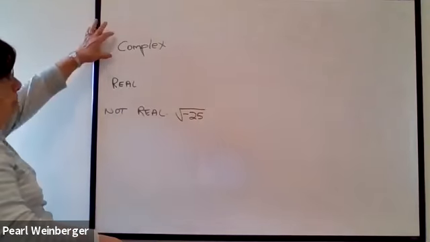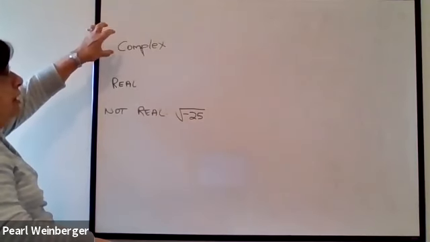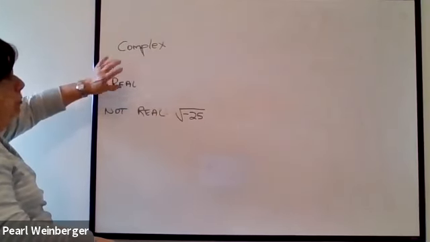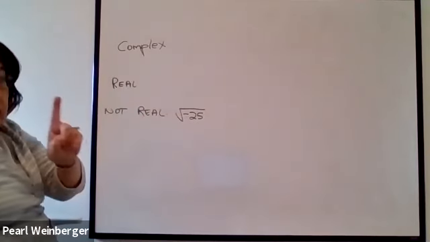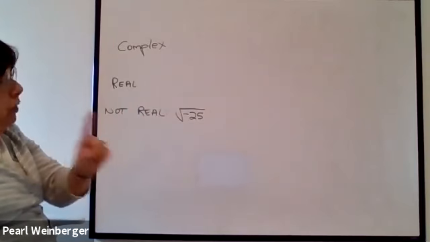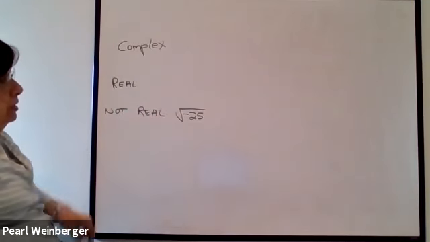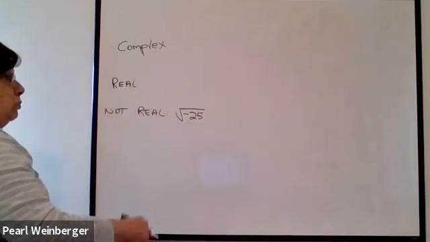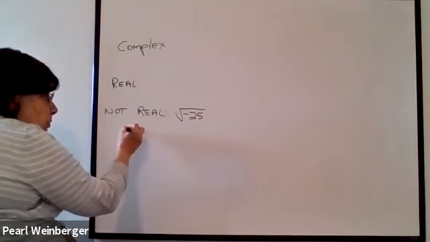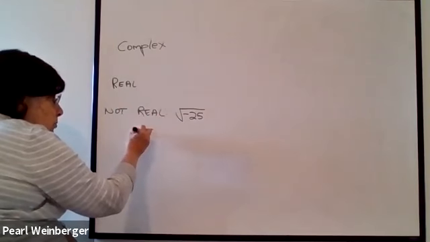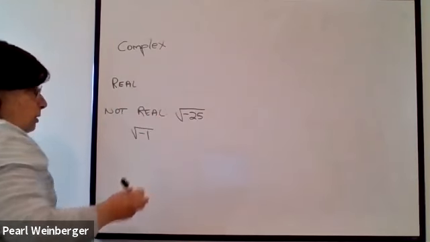But in this new set of numbers, which is an extension of the real numbers, which includes one additional number, we can talk about dealing with these square roots of negative numbers. What's our new number? That new number is the square root of -1.